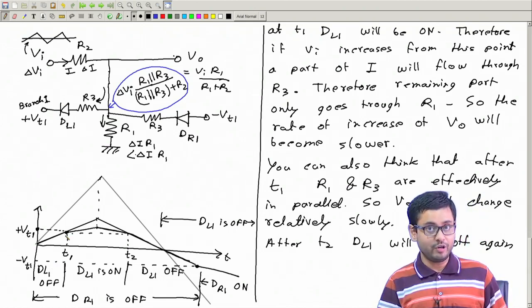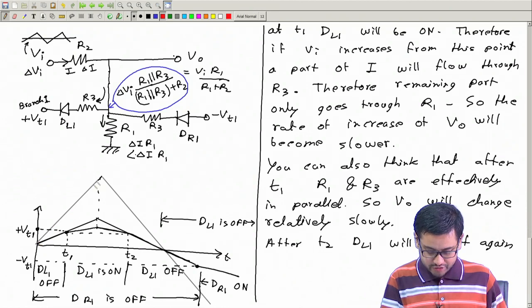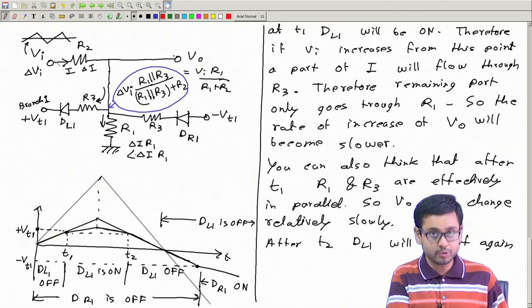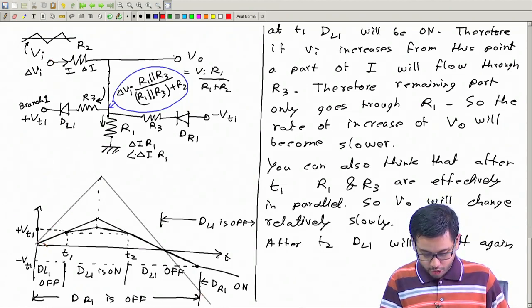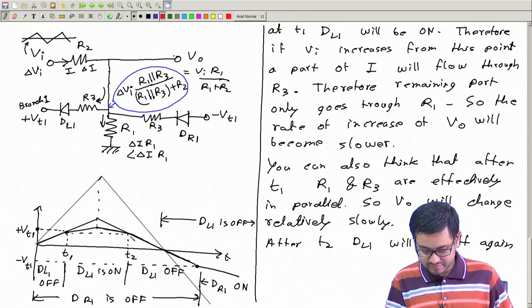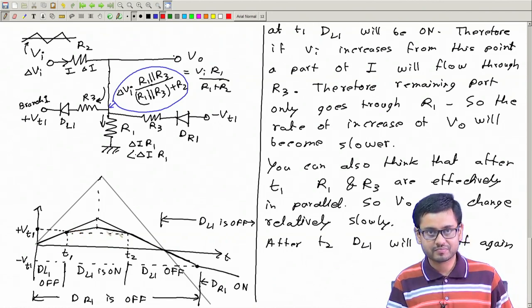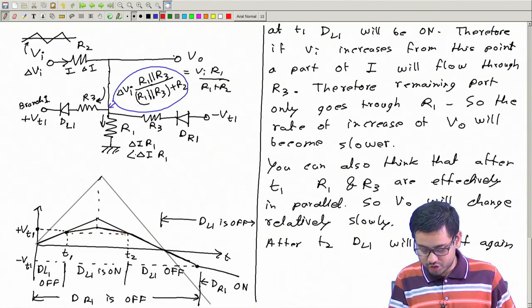So effectively what we have done, let me tell you, we have given a triangular wave as an input to this circuit, and the output is this, which is not triangular, but which is like a piecewise linear function, and it is somewhat closer to a sine wave.